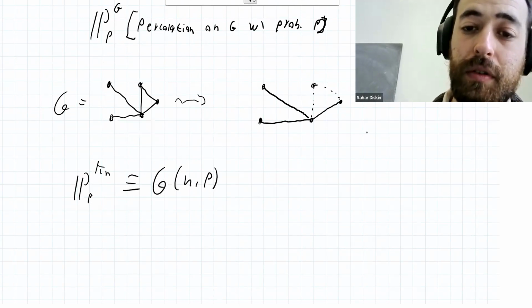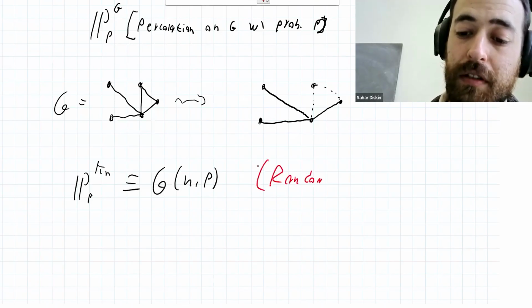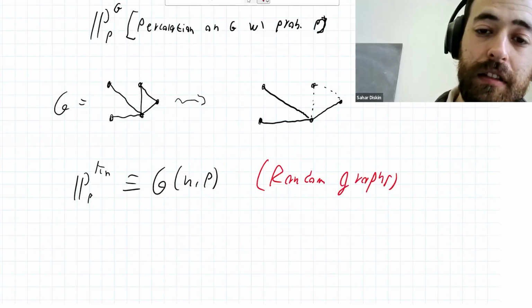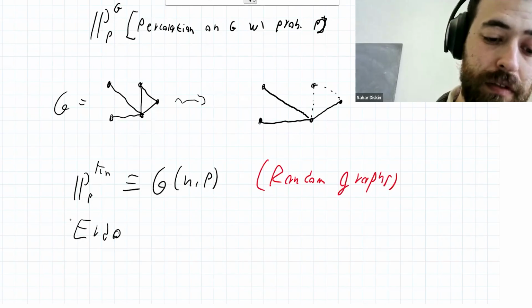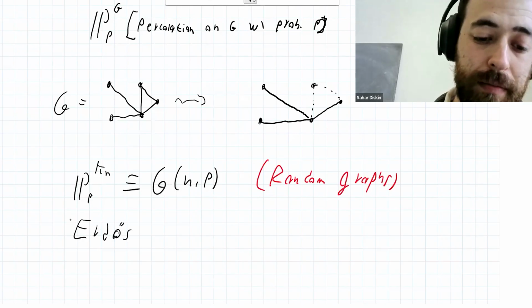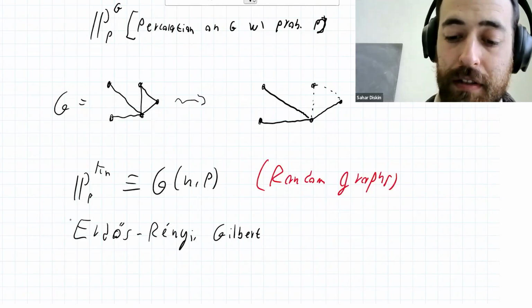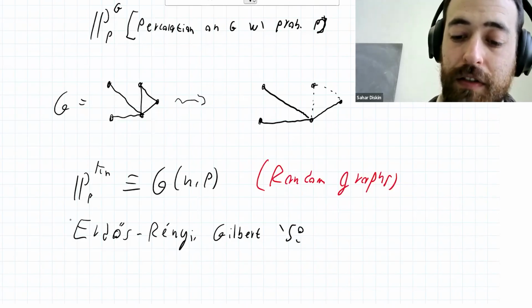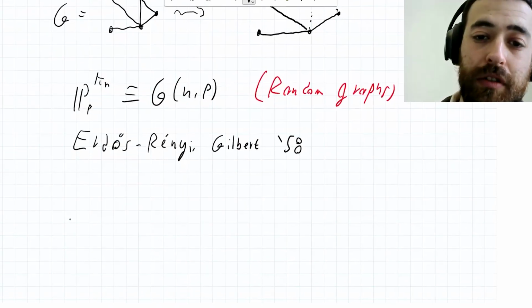So this is from the point of view of random graphs, and it was introduced already by Erdős and Rényi, and also by Gilbert, in the late 50s, if I'm not mistaken, 58. Okay, so this is one way to view the world.